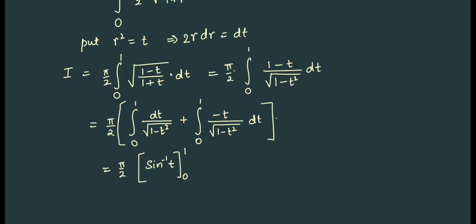So multiply by half, 1 by 2. So this is pi by 4.